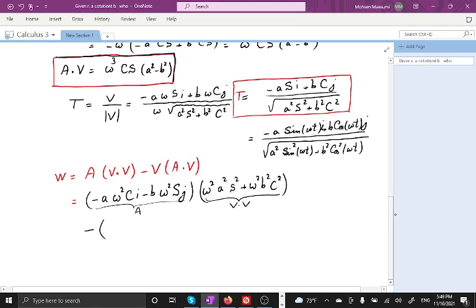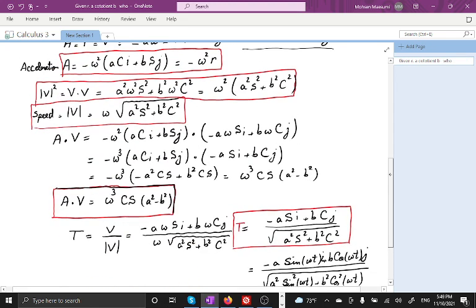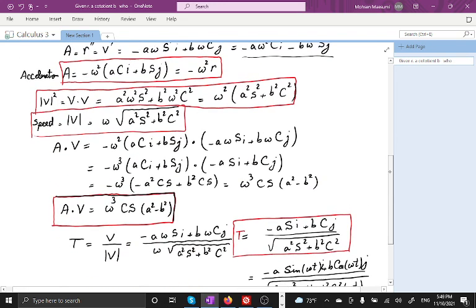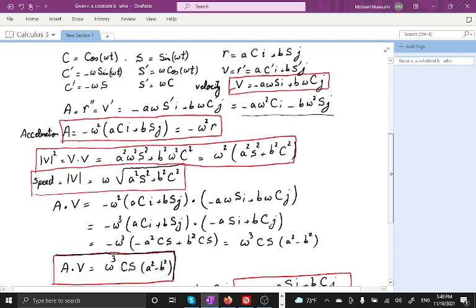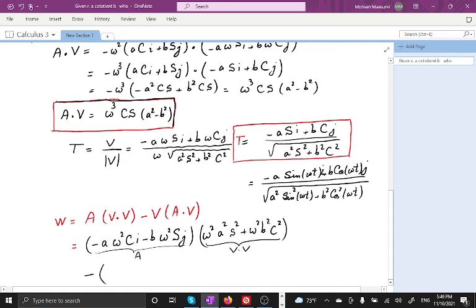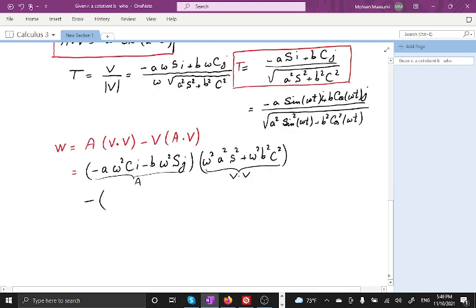What was v? That's why you need a big piece of paper and be able to look at everything. So this is my v, so I'm going to copy that through. So I have minus, and then that was minus a omega s i plus b omega c j.